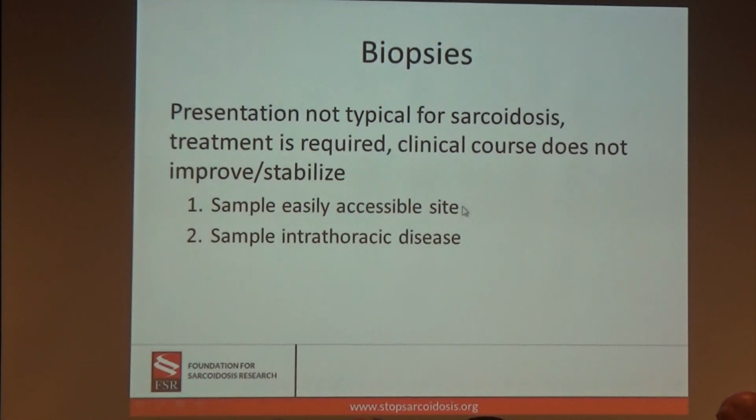And the things that you should biopsy are the ones that are easily accessible. A lot of times that happens to be the lungs, so patients get bronchoscopies because it's a relatively safe procedure, or skin biopsies. Skin biopsies are relatively safe. And then we also say, sample intrathoracic disease because the lungs are usually involved.